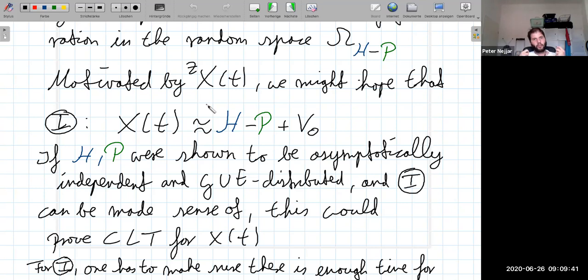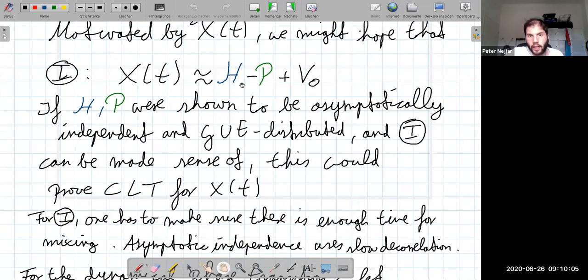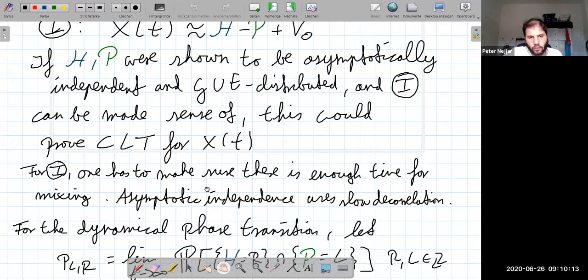So one thing you have to make sure of is that regardless of what H and P actually are, you still have enough time to mix to this equilibrium. That's one of the problems. The other thing is that you have to show that H and P are asymptotically independent. Just let me mention for the experts, one technology you have to use to show that is the so-called Lee decorrelation method.